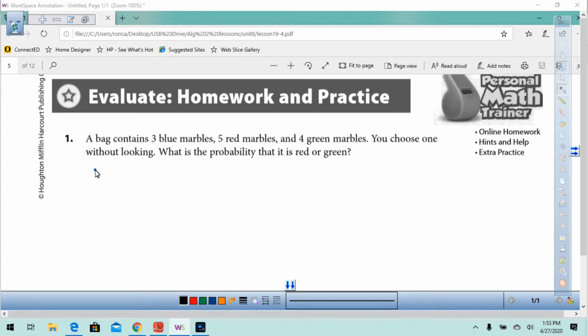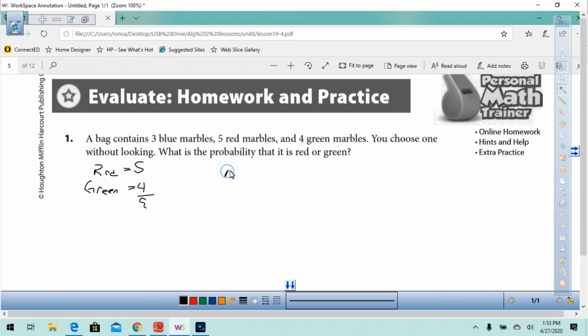Well, let's see. How many red marbles are there? Red marbles, there's 5. How many green marbles? Green, there are 4. So that's a total of 9. So N of A or B would be 5 plus 4, which equals 9.